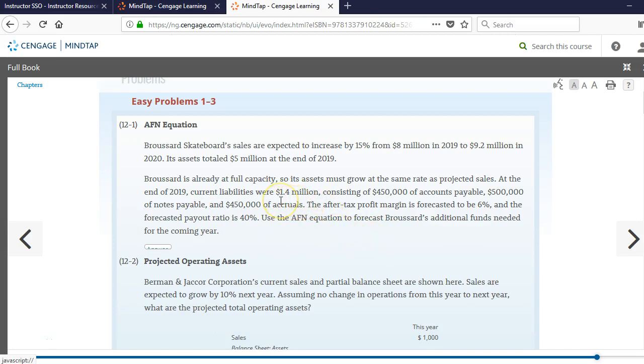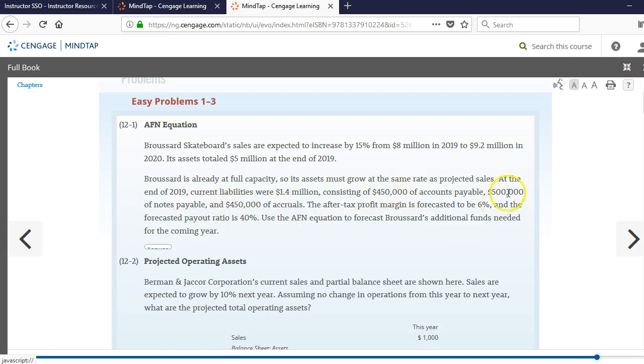Now, one thing I want to point out before we get too far in the problem is with the current liabilities, we never include debt in the AFN equation. So that 500,000 of notes payable should not be included. We want spontaneous liabilities, which is essentially your accounts payable and your accruals.